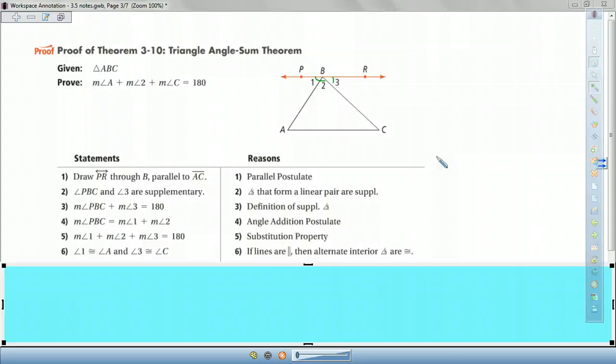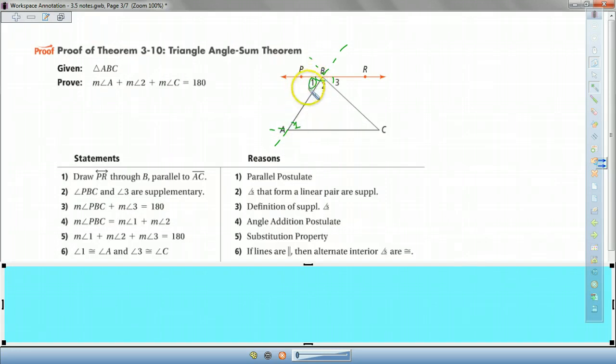angle 1 equals angle A, and angle 3 equals angle C. This was the big deal. That's because if you look at our picture, if I extend this line out a little bit, right? I extend this line. We get parallel lines crossed by a transversal. 1, and I'm going to put 1 here just so you see it.